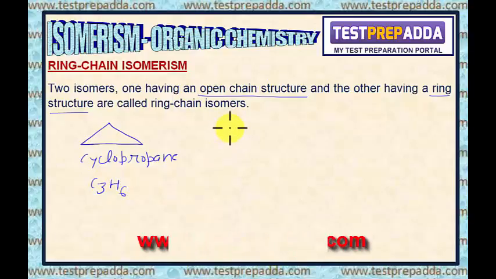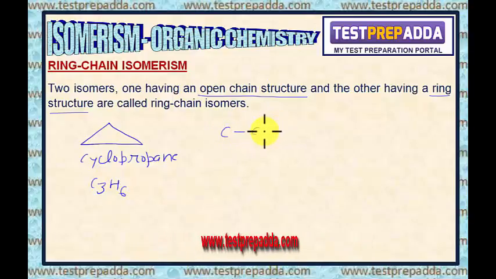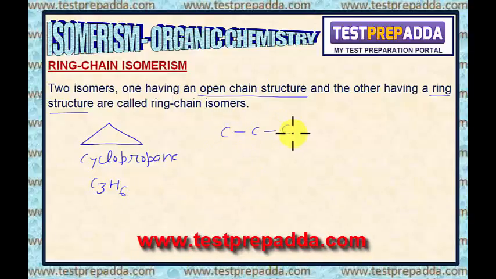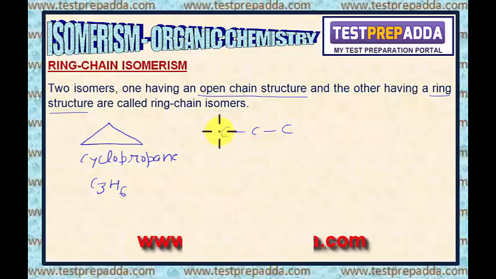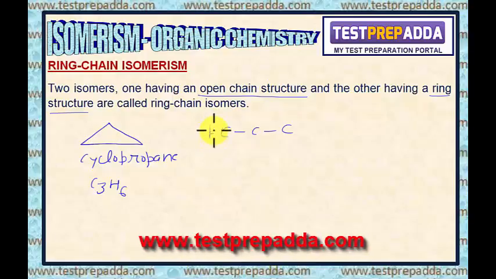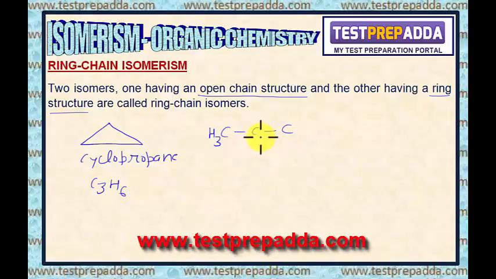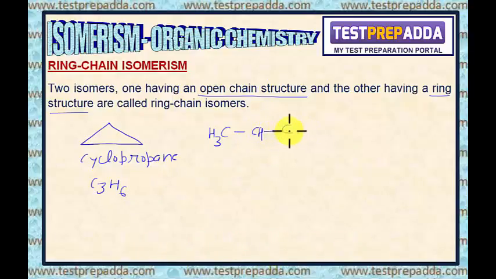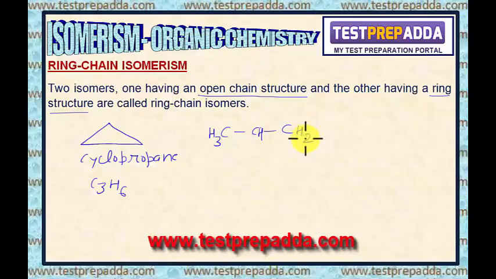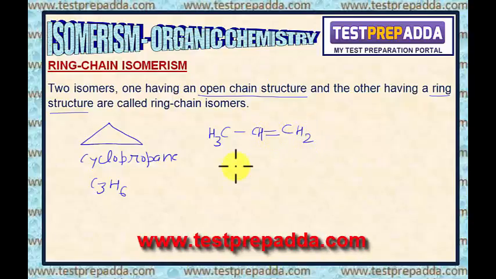Yes, we will try. C, C, C. 3 carbon atoms. Now hydrogen atoms will be attached with carbon. If I attach 3 hydrogen here, so remaining 3 I can attach, like 1 I give here, 2 I give here, and 1 double bond.